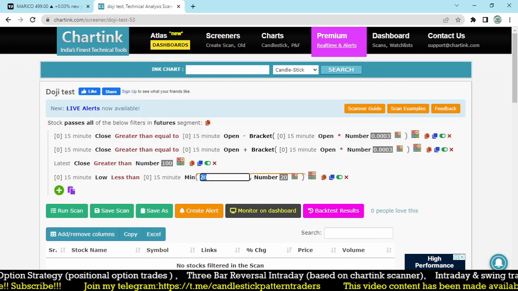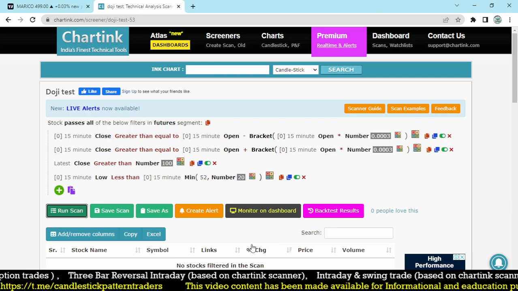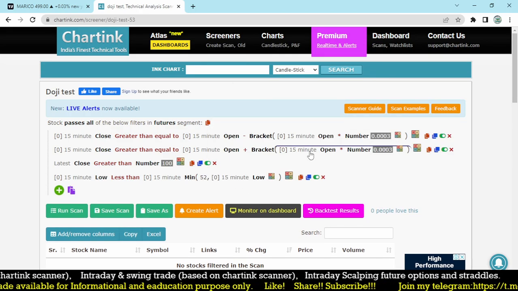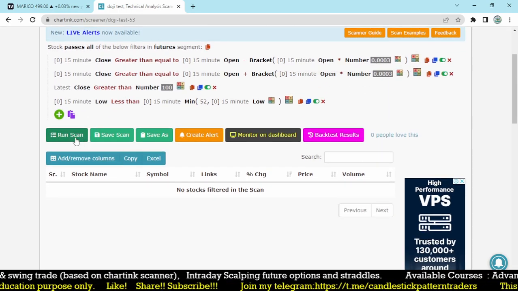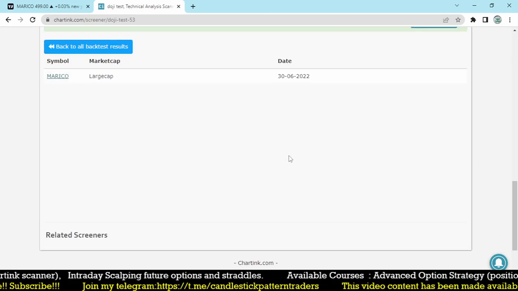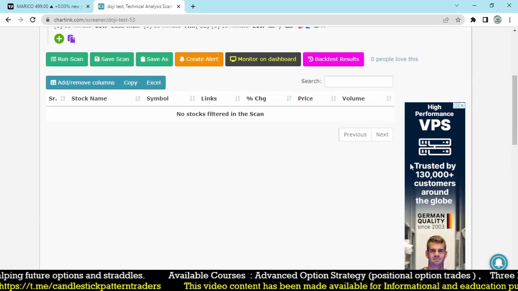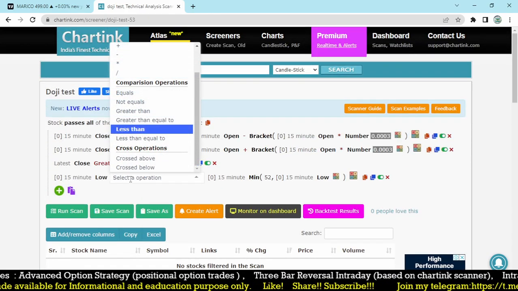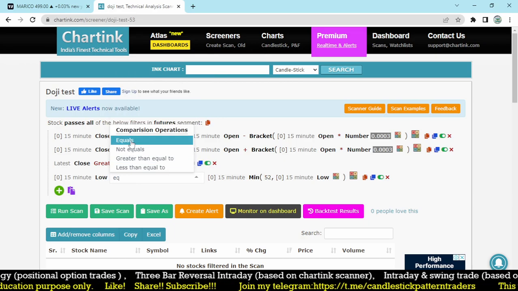Here for the 15 minutes candle I used the 52 low. So this will help you find a doji present at the lowest level. What will happen? We'll check it out. It must be equal.